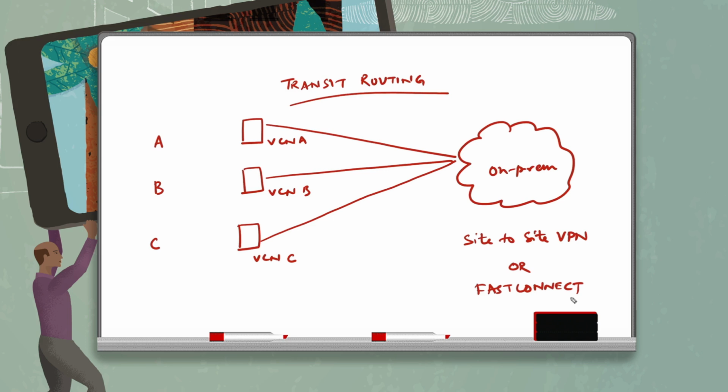So do you think this is a feasible approach, to have either Fast Connect or a site-to-site VPN connection here, here, and here?